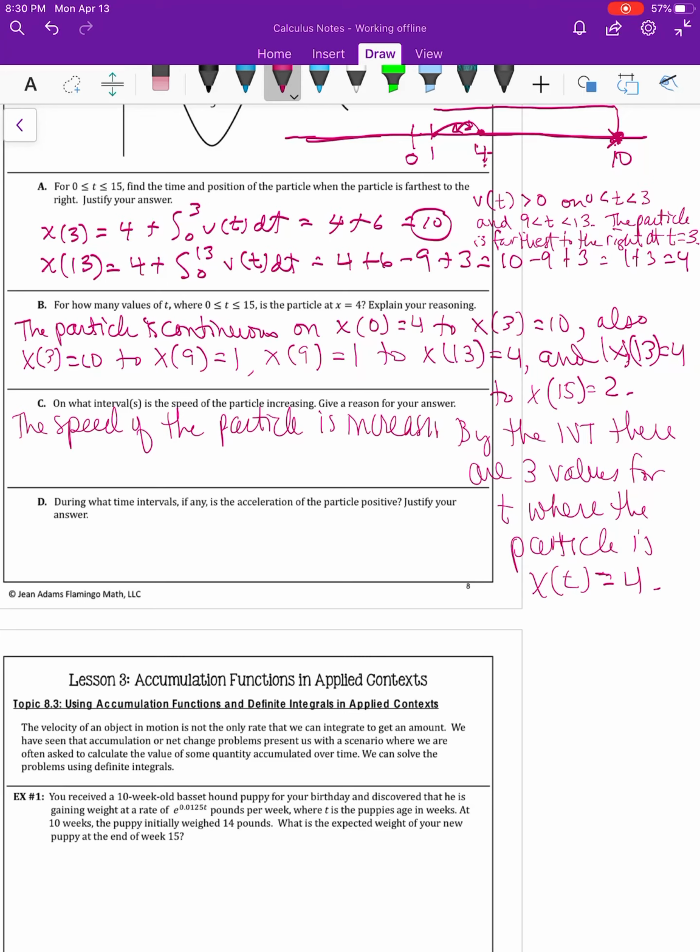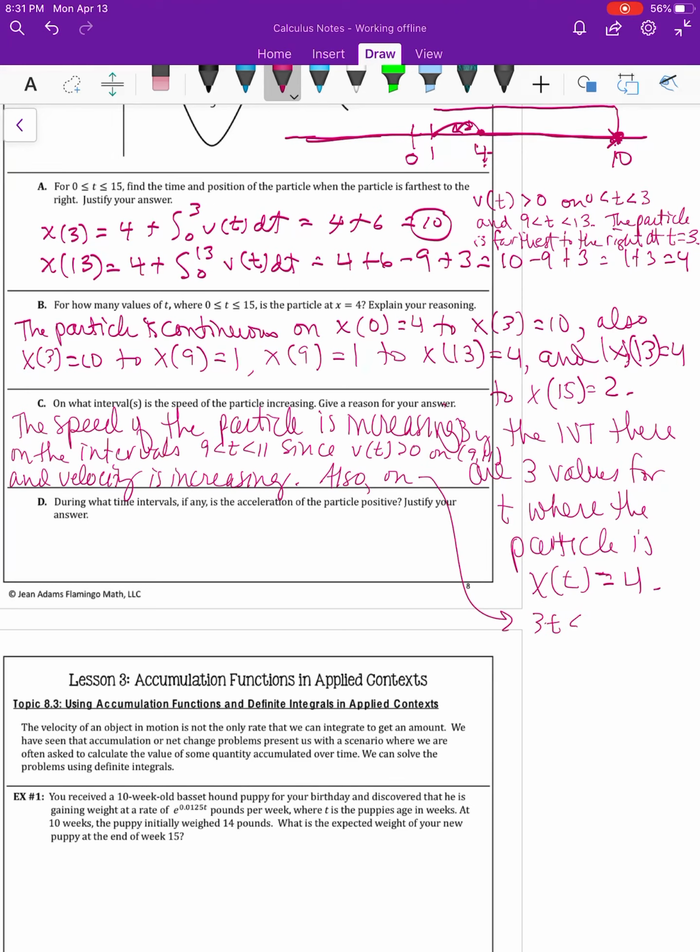So the speed of the particle is increasing on the interval t between 9 and 11, since v of t is greater than 0 on that 9 to 11 interval, and velocity is increasing.